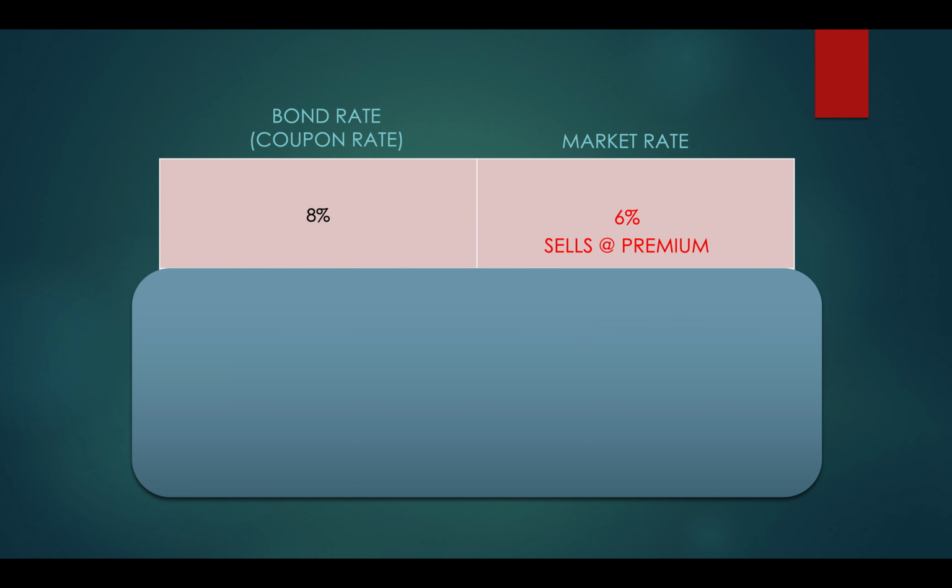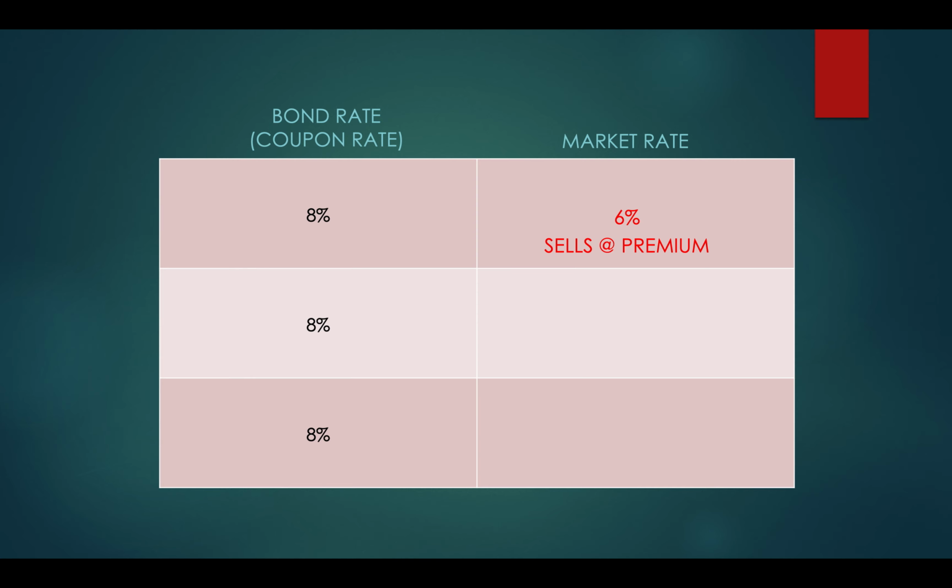So we sell the bond at a premium. We take more money for the same bond that's paying 8% and will continue to pay 8%. Because remember, the coupon rate, the face rate, will continue to pay what it is paying. But we're going to now charge a premium for the creditor to have this option. Right? That's the idea behind a premium.